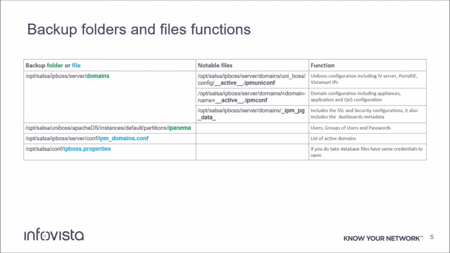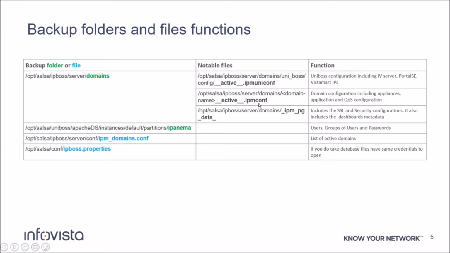Let us mention some properties of the folders and files that we are going to back up and restore. The first one is the domains folder, and we have three important elements. This file, active IP uniconf, has the different IP addresses of your reporting system, including servers like the IV server, Portal SE, and Vistamart.